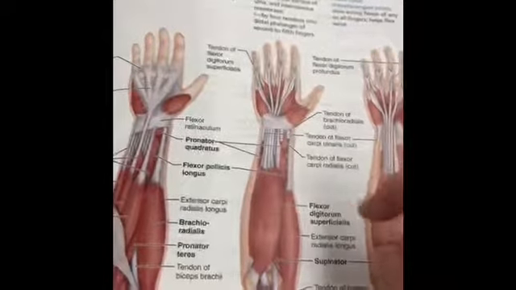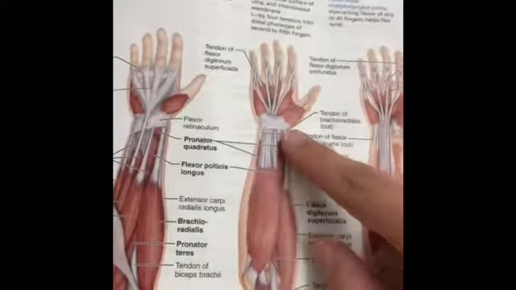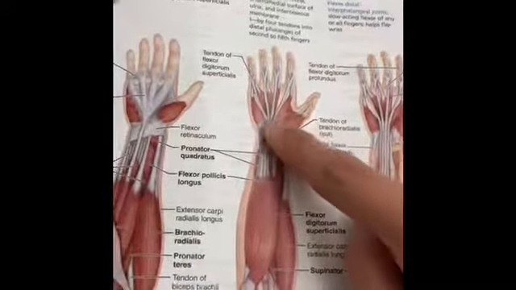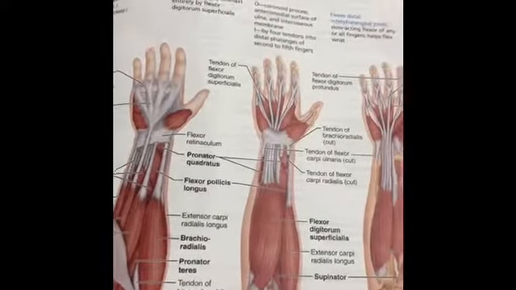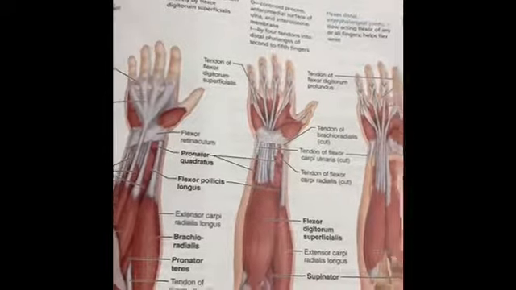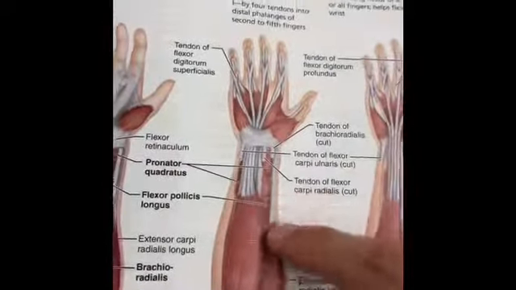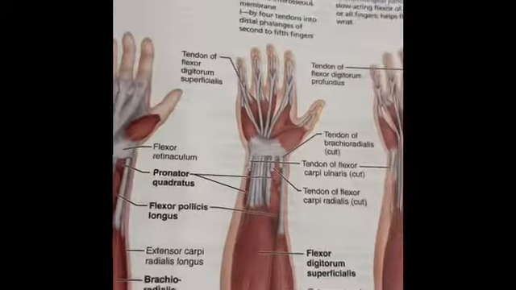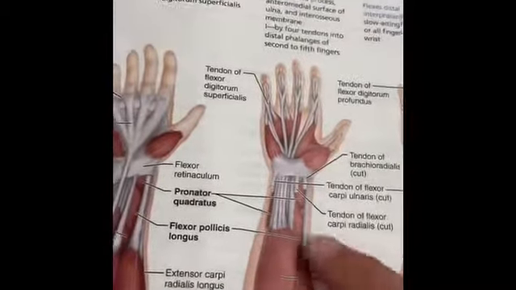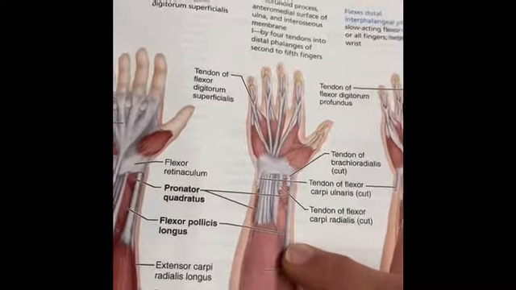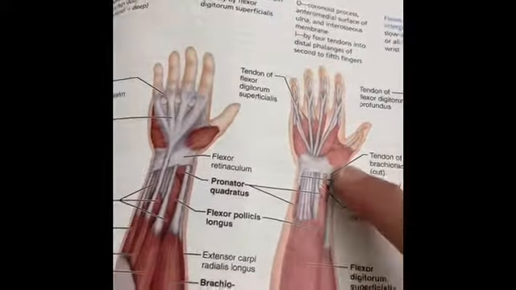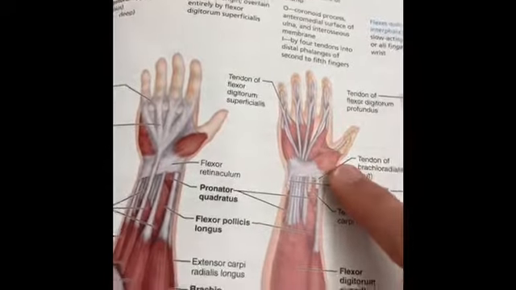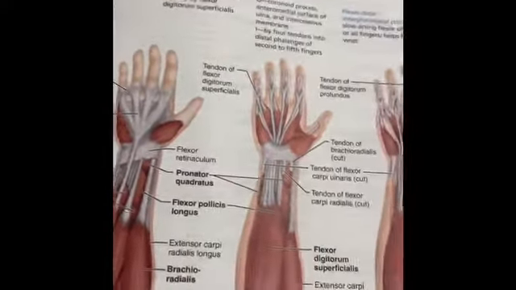The insertion is the middle phalanges of fingers 2 through 5, and the action is that it flexes the hand and middle phalanges of fingers 2 through 5. The last muscle is the flexor pollicis longus, and the origin is the anterior surface of the radius and interosseous membrane, and the insertion is the distal phalanx of the thumb, and the action, it flexes the thumb.